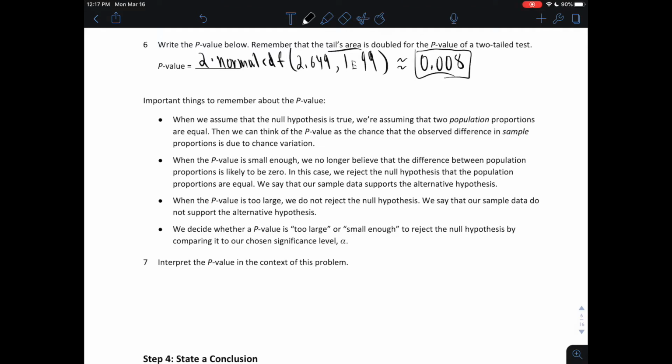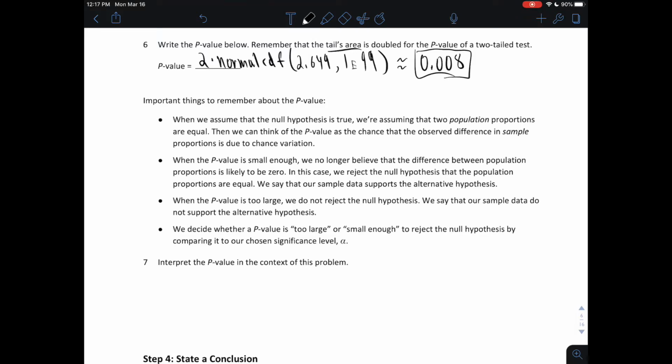We say that our sample data supports the alternative hypothesis. On the other hand, when the p-value is too large, we do not reject the null hypothesis. We say that our sample data do not support the alternative hypothesis. We decide whether a p-value is too large or small enough to reject the null hypothesis by comparing it to our chosen significance level, alpha.